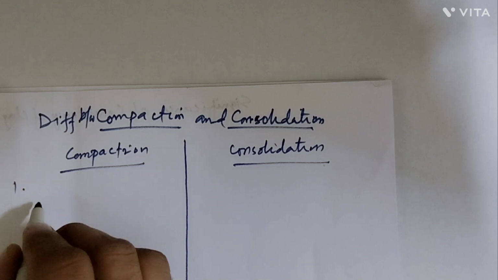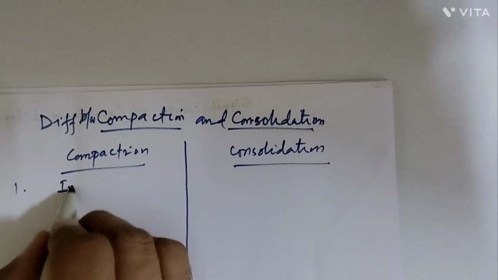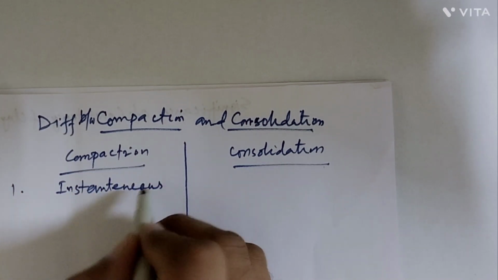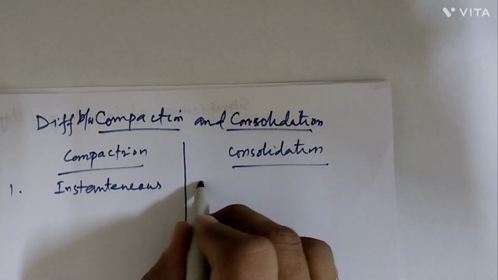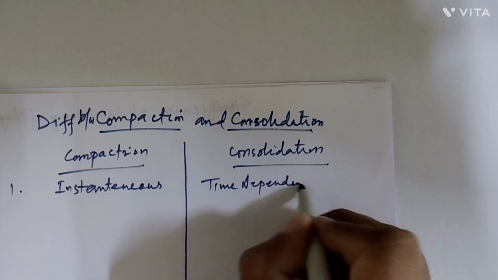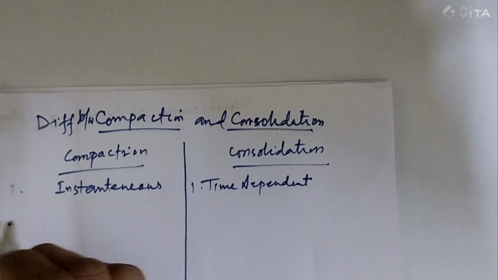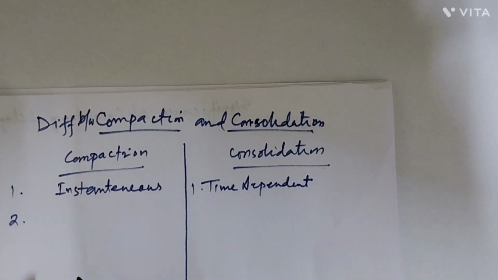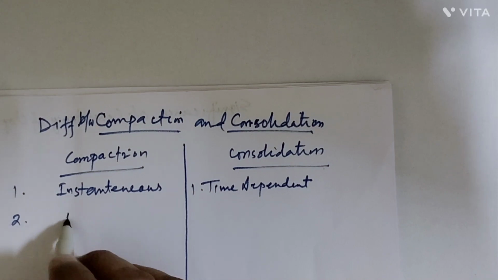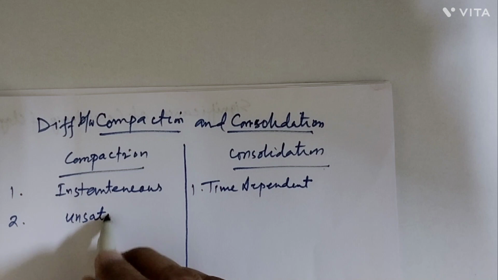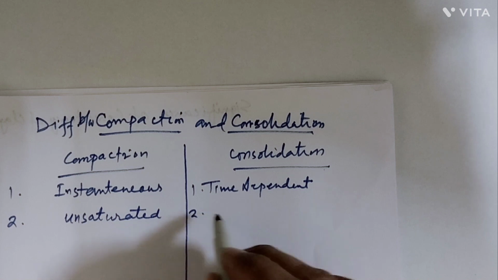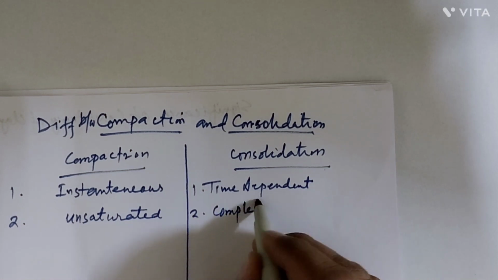Compaction is almost an instantaneous phenomenon. Remember, consolidation is a time dependent phenomenon. Another difference is, in case of compaction, soil is always unsaturated, but in case of consolidation, the soil is completely saturated.